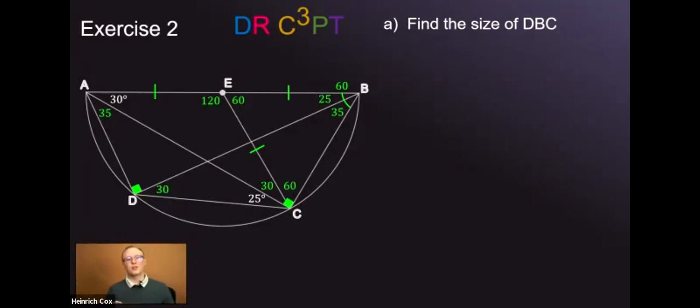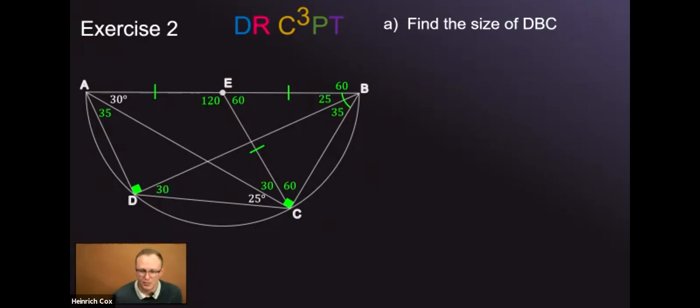Okay, and now because there's so much going on in the diagram, it's actually not that easy to retrace our steps, right? So it might be a bit of an interesting thing. And this is one of the parts of using Dr. Cape Town that needs to be practiced, right? Once you've got this fantastic diagram with all the information in it, it's not necessarily trivial to get to the point where you can write down the answer, right? Because you've got to be able to retrace your steps, right?